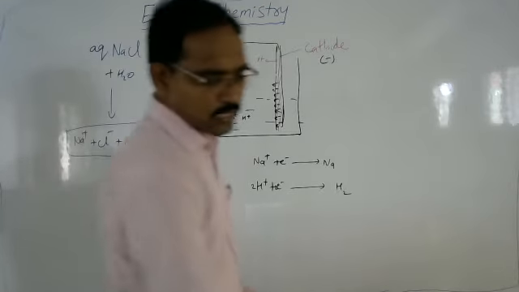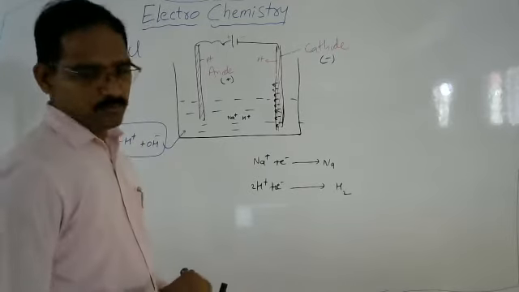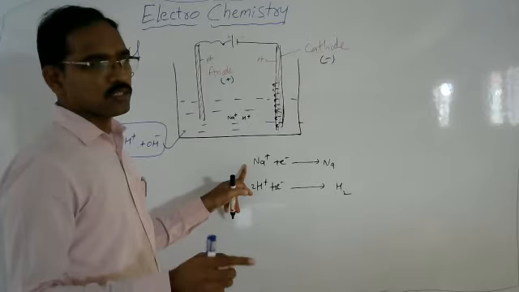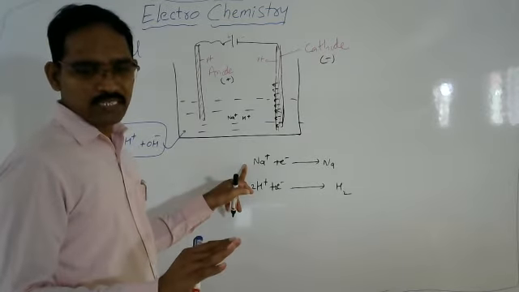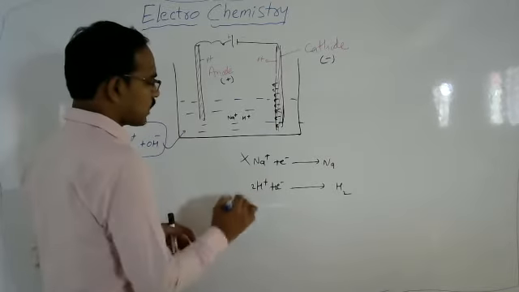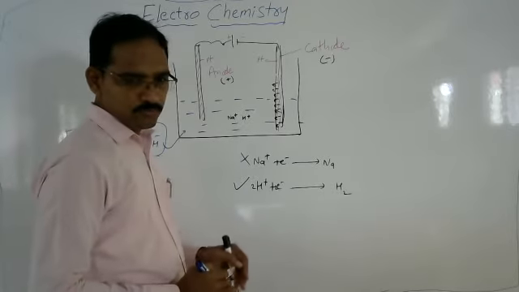In the case of a metal, reactivity means the tendency to lose electrons. So obviously, sodium is stable as Na+. That's why Na+ is not ready to take the electron. H+ will take the electron and form H2.